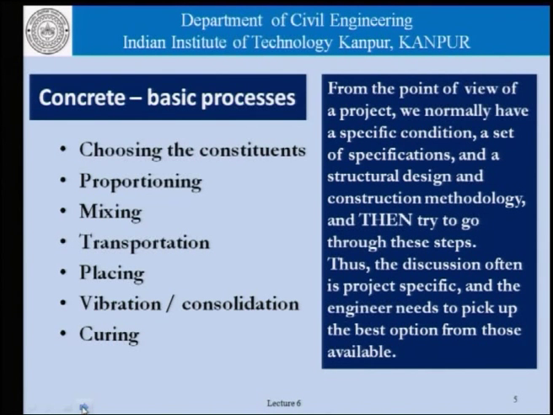Thus, the discussion as far as the project is concerned is very specific to that project, and the engineer needs to pick and choose the best option as far as proportioning is concerned, mixing is concerned, transportation for that project is concerned, and so on and so forth.